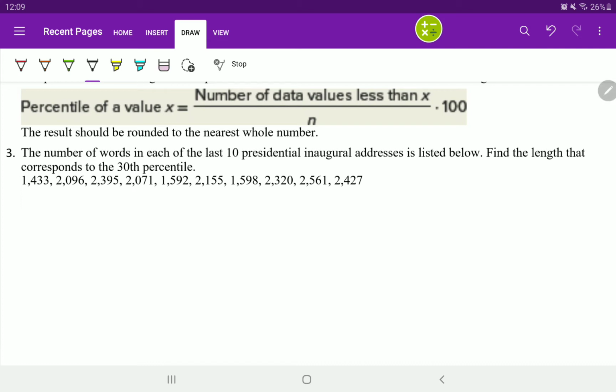So let's put the numbers in order first. The smallest amount of words that I see here is 1433. Then the next one that I see is 1592.